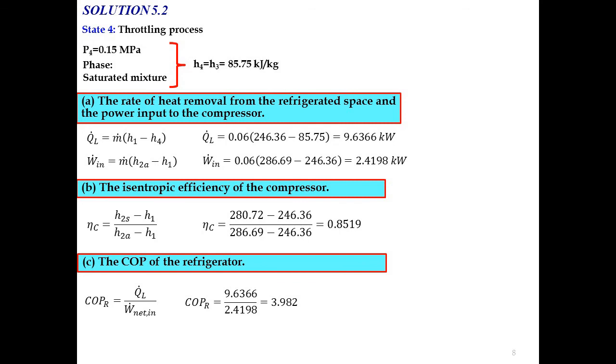This value tells you that for 1 kilowatt of electricity, the refrigerator will absorb 3.982 kilowatt of energy from the refrigerated space. Okay, so that's the meaning of COPR.